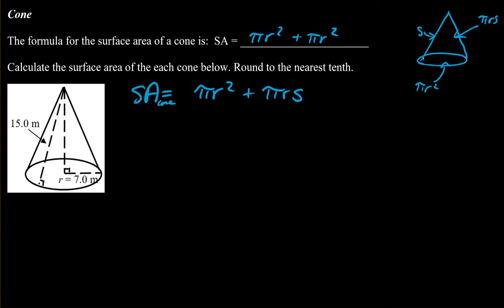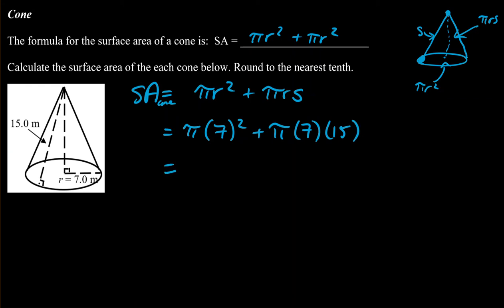The slant height is the distance from the bottom edge of the cone to the tip of the vertex, as opposed to the vertical height of the cone itself. So the surface area of this cone: the radius is 7, so 7 squared, plus pi r, the radius is 7, and the slant height is 15.